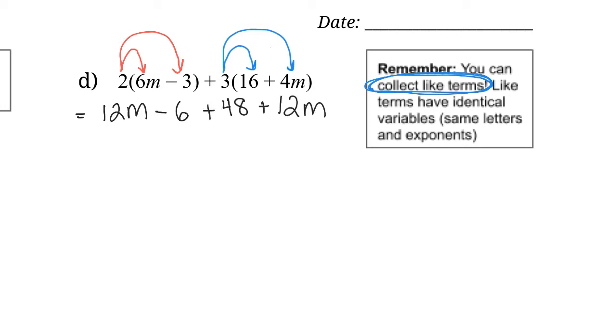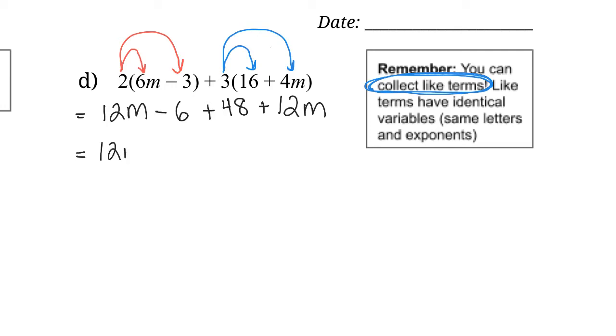All right, so now if we take a look at what we've written, there are some like terms here. We have one term here with an m, and we have another term with an m, and we have 2 numbers that are just plain numbers, no letters or variables attached to them. So we're going to rewrite the next line by collecting or grouping together the like terms.